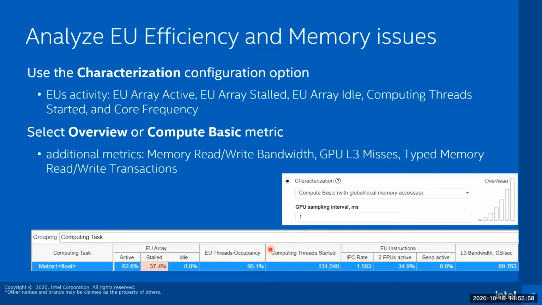And in this characterization, there are also sub-flavors, I would say, overview or compute basic metrics, which are providing some additional metrics like read-write bandwidth to memory, level 3 cache misses inside the GPU, and memory read-write transactions of different types.